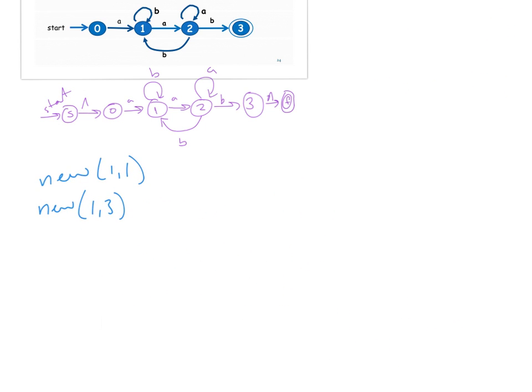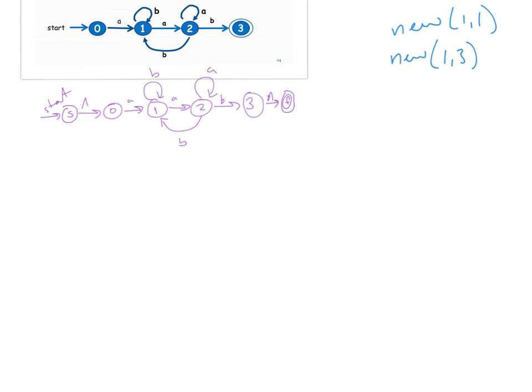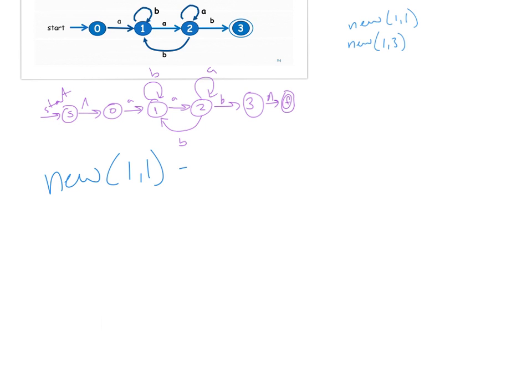Okay, so let's take that up there. All right, so we need to figure out the new 1, 1. Well, if you look at the equation, the new 1, 1 if we're going via 2, is the same as the old 1, 1 plus the old 1, 2 times the old 2, 2.